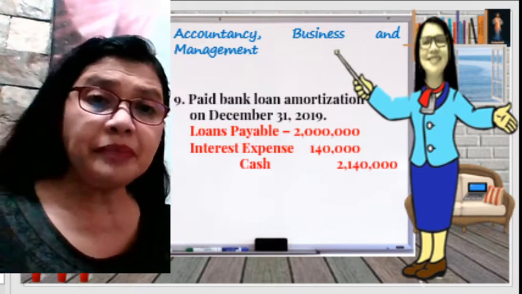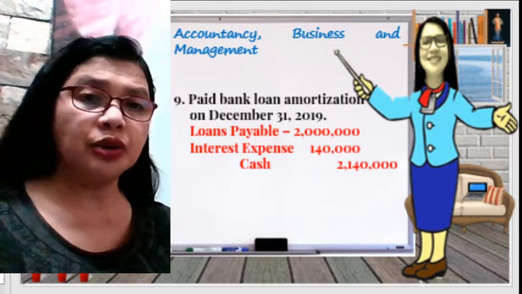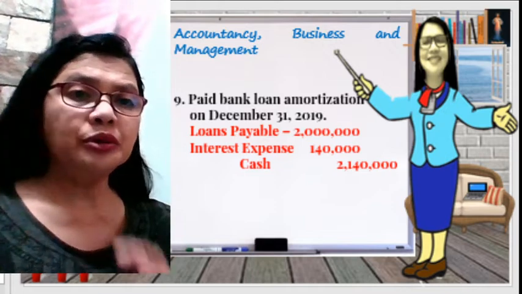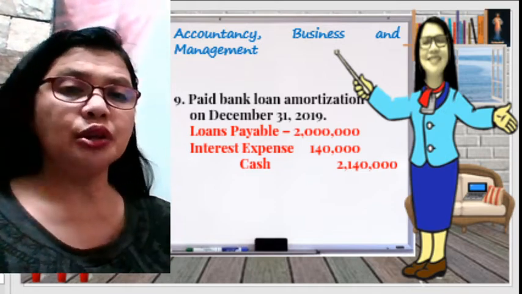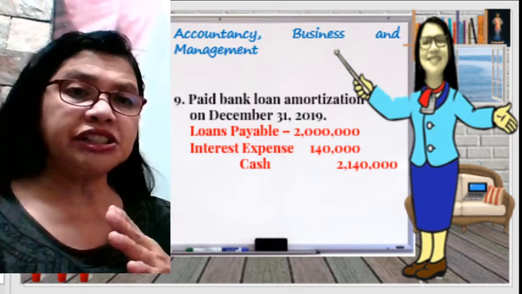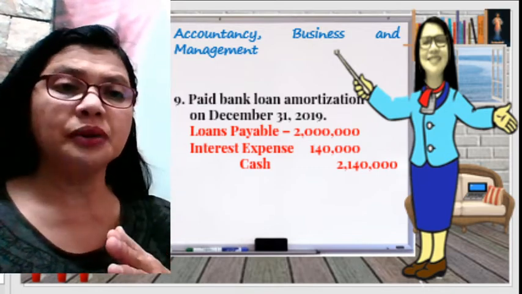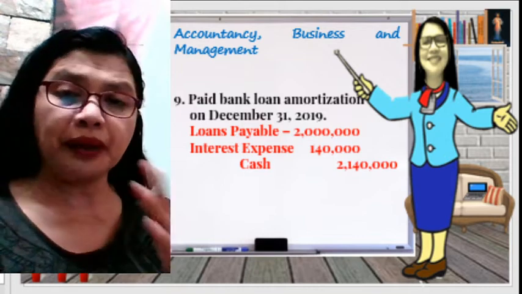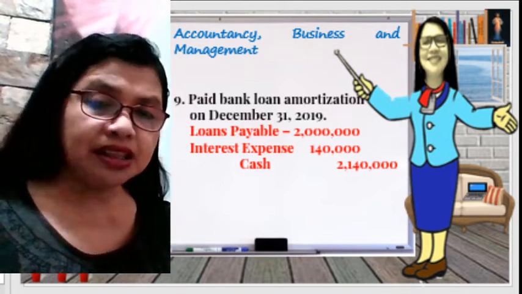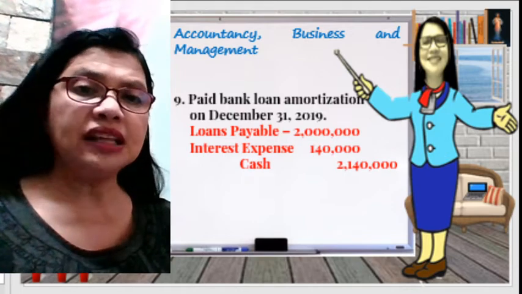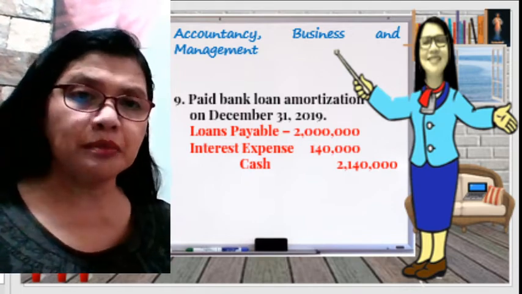Paid bank loan amortization on December 31, 2019. When he paid bank loan amortization, his loans payable will be deducted by the same amount. Loans payable was originally a credit account, but since we will be reducing our payables account, we do the opposite. We debit loans payable, putting the loans payable account at zero balance.